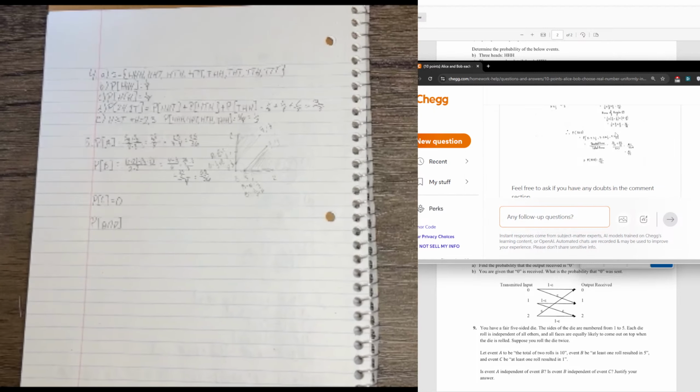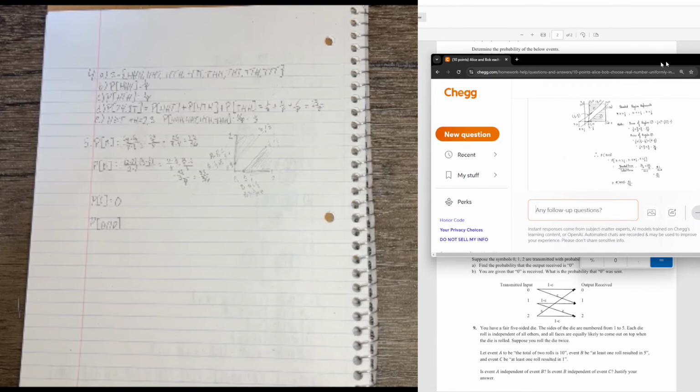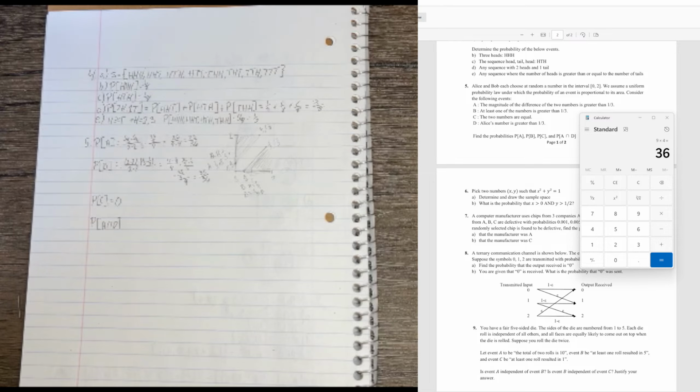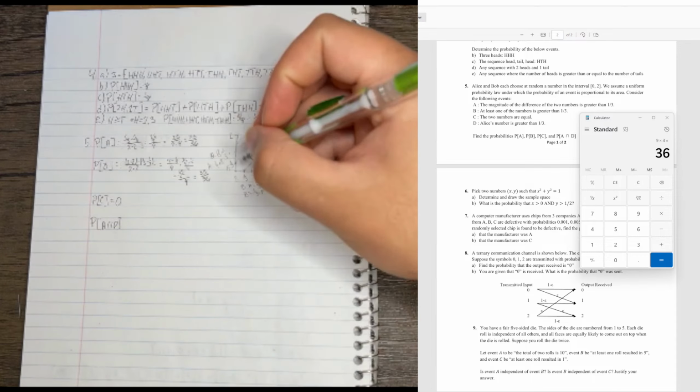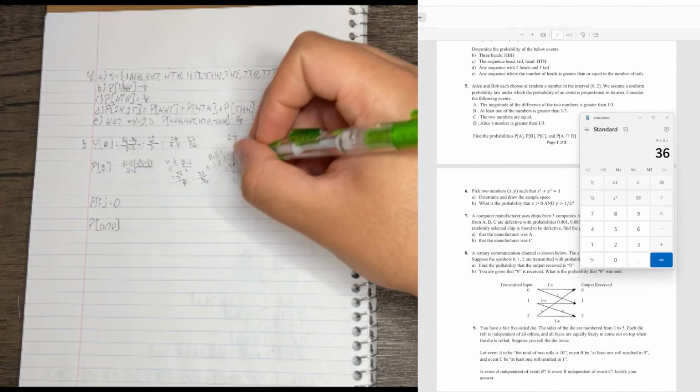Let me do some quick maths, I guess. Region 2. Why do these two different regions matter? Okay. Because we need to find a number where Alice only picks something 1/3 or greater.